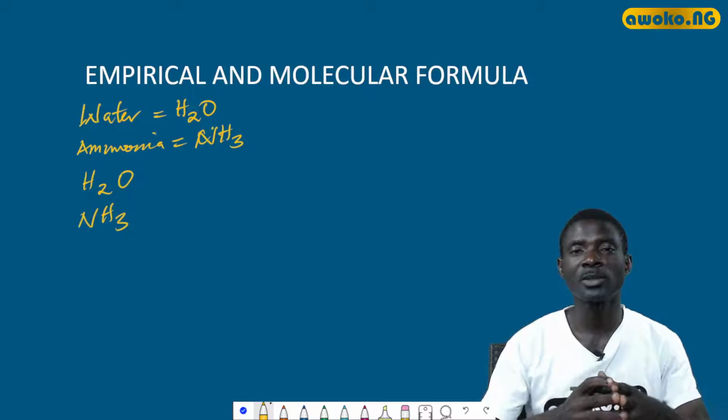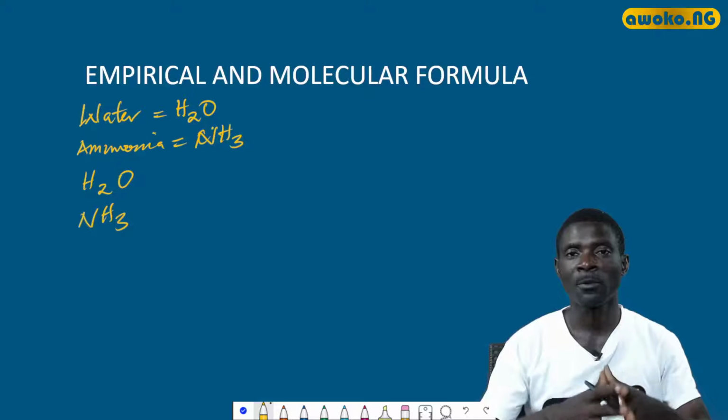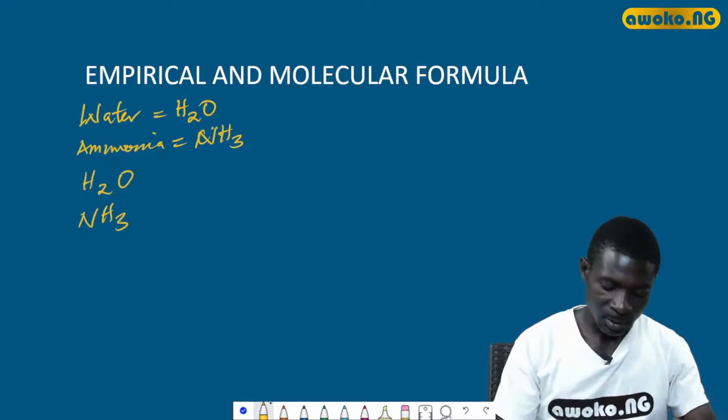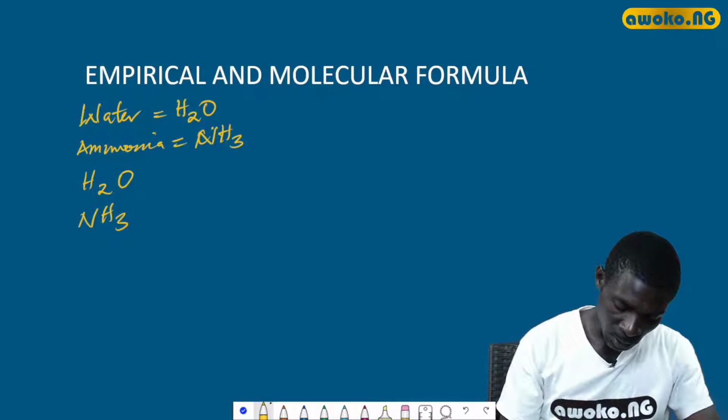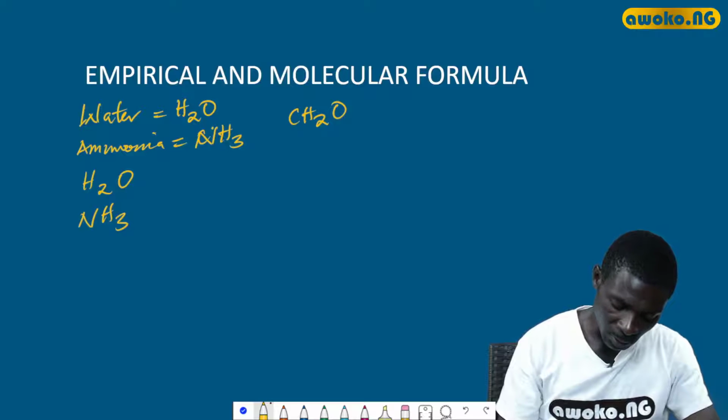So there are some cases where the empirical formula can be the same as the molecular formula, but it is not the same case with some organic compounds, like glucose, where the empirical formula is CH2O, while the molecular formula is C6H12O6.